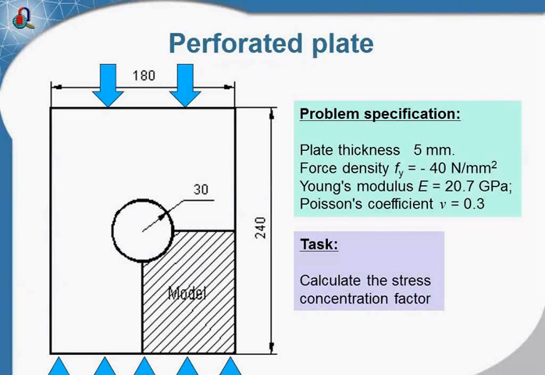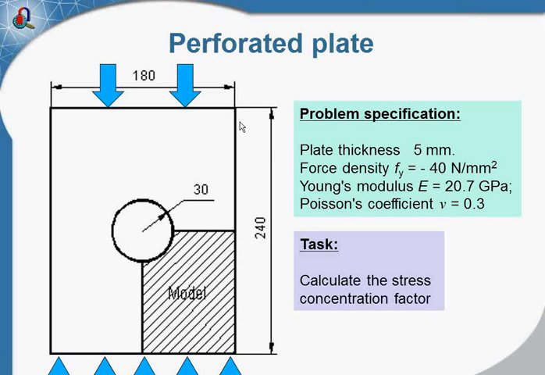This is the perforated plate under the mechanical stress. In the previous case, we got the uniform stress distribution, and now we have the thin metal plate with the hole, and the hole is the source of the stress concentration.